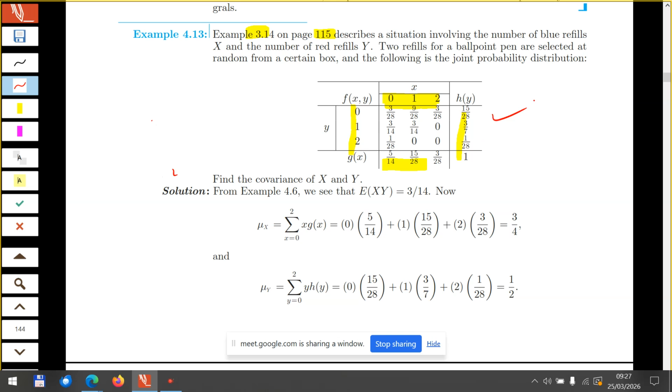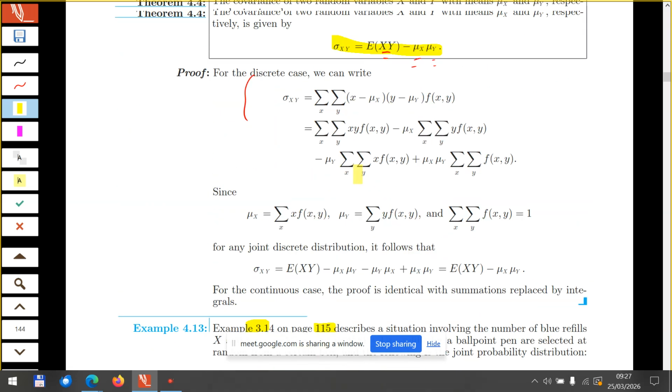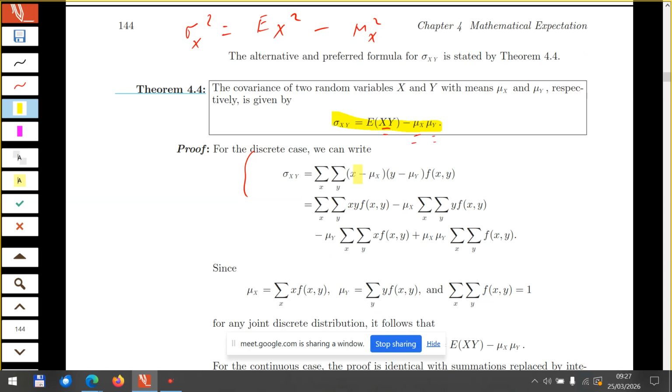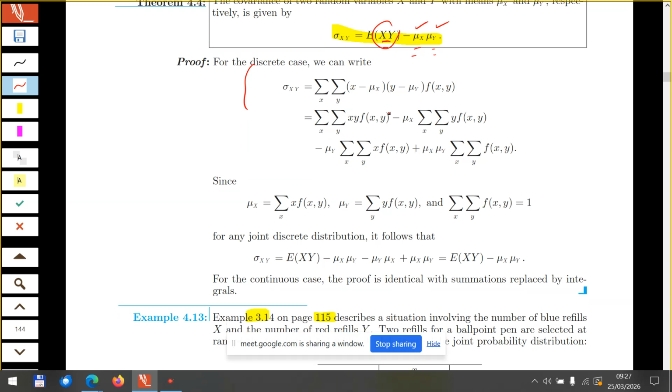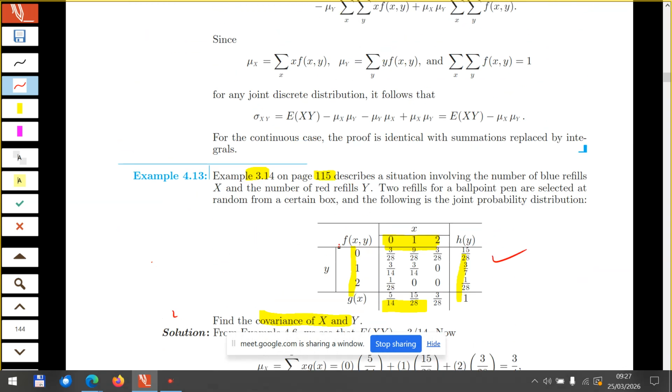So now you need the covariance of x and y. What do we need? We need to get back to the formula. If you want to use this formula, it's very easy. You just work out the mean of x, the mean of y, and then the mean of x times y, or the expectation of x times y. Three things. First we need the mean of x, and for that we'll use this distribution.